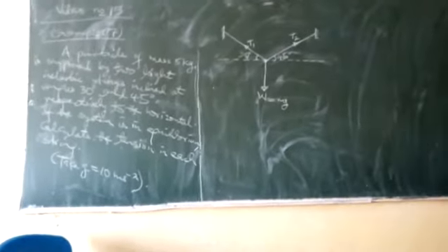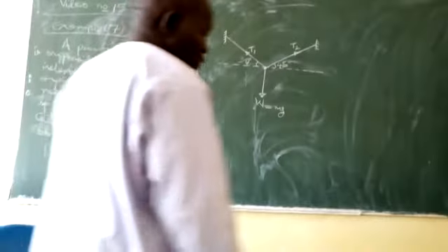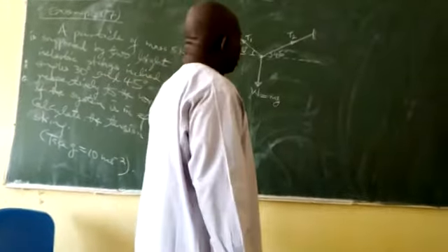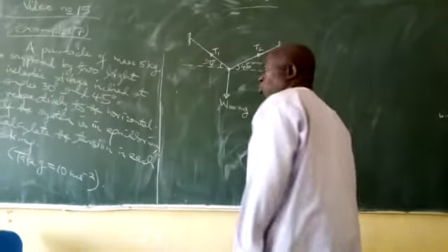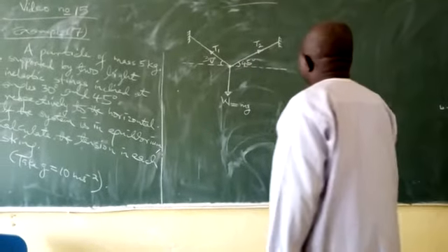Now we are told that the system is at equilibrium. If the system is at equilibrium, then we apply the condition for equilibrium.